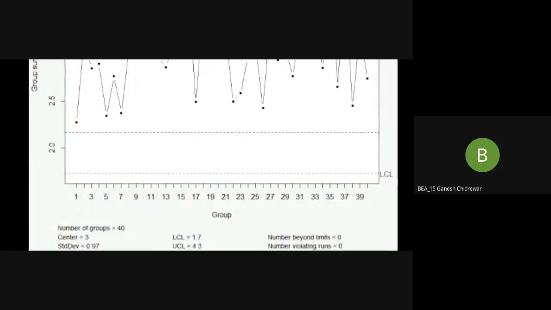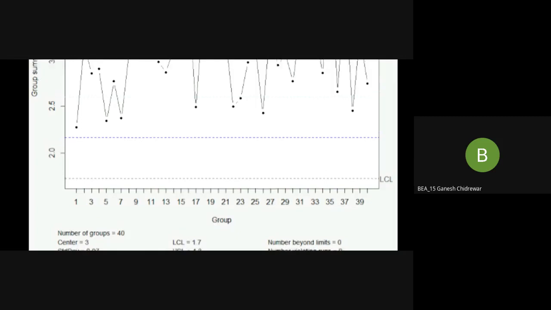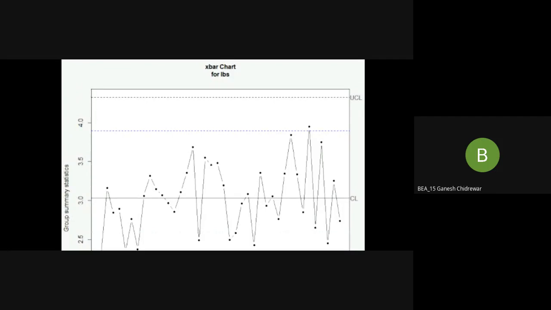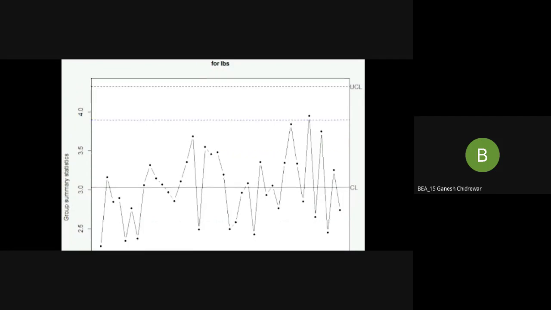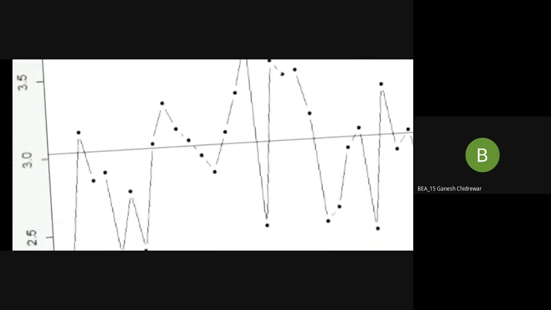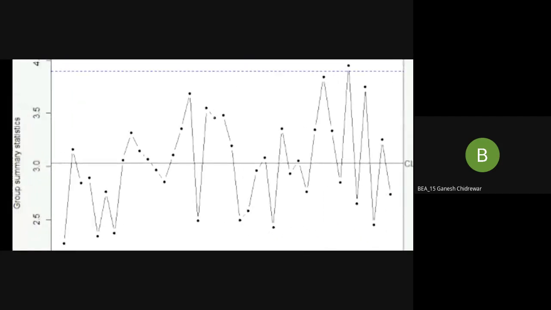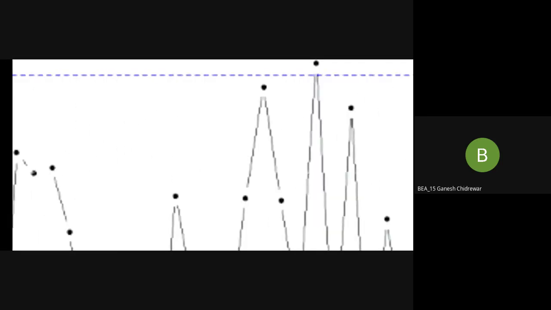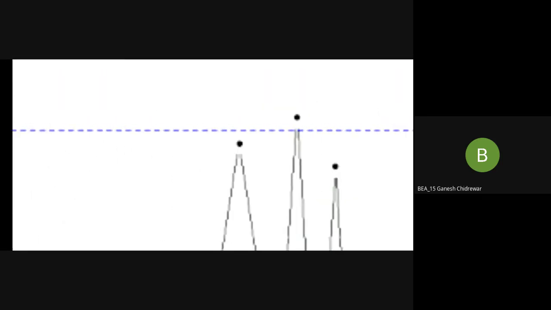Groups are there, according to time. In the X chart we have to maintain the record with respect to time. These are the readings. For example, this point has crossed the upper control limit.